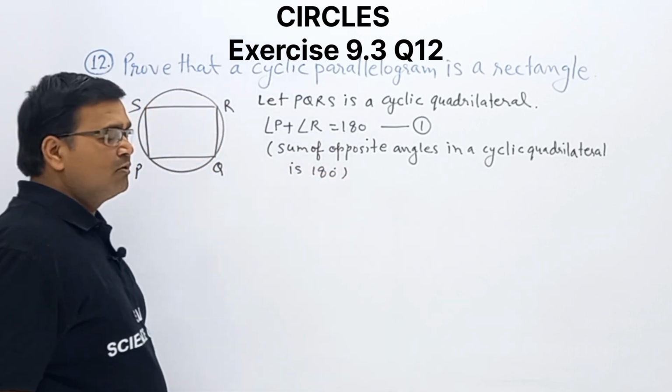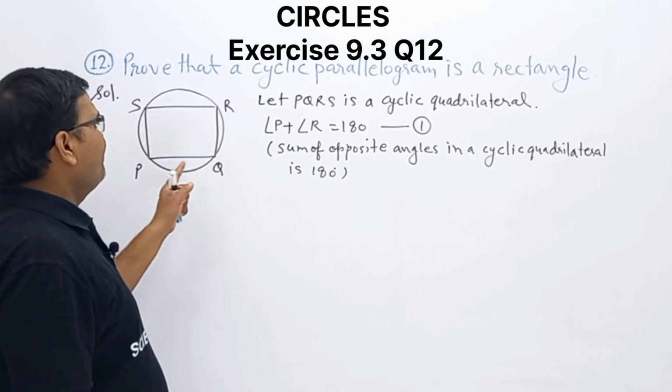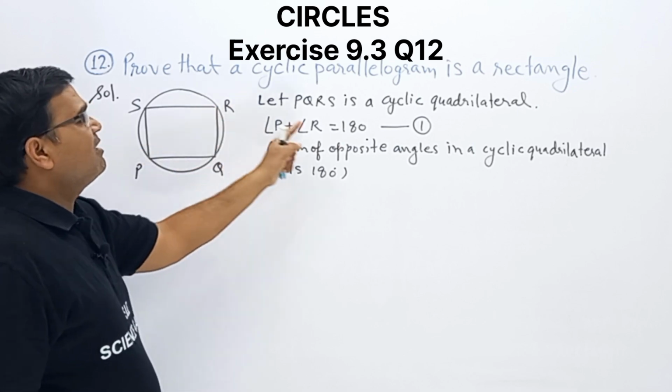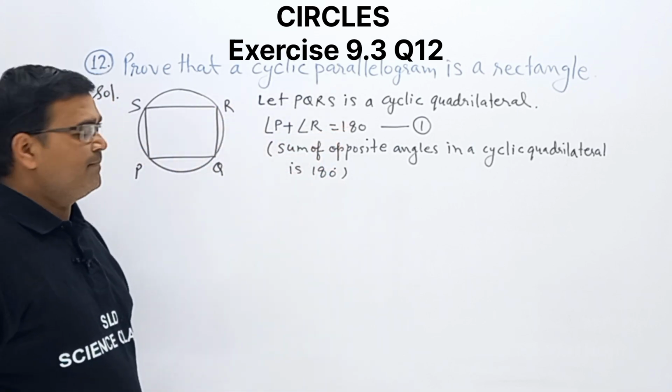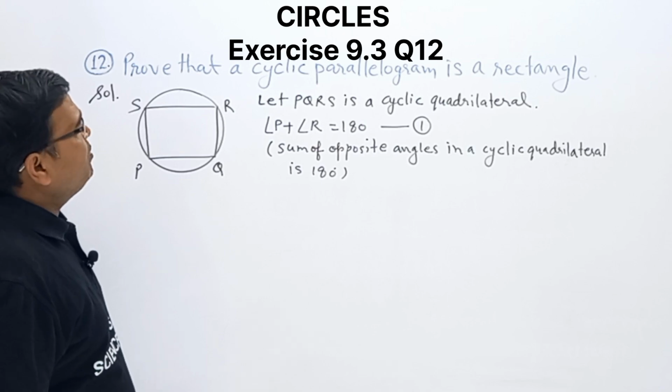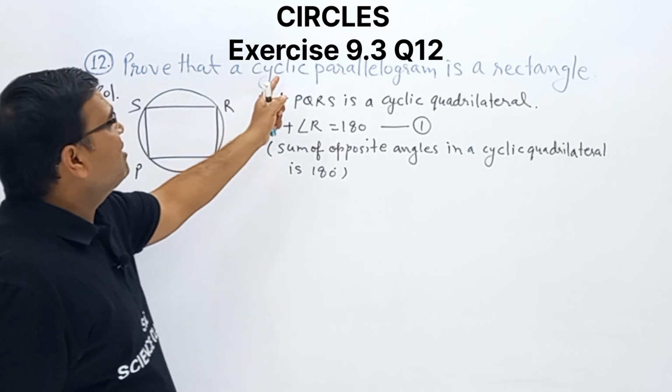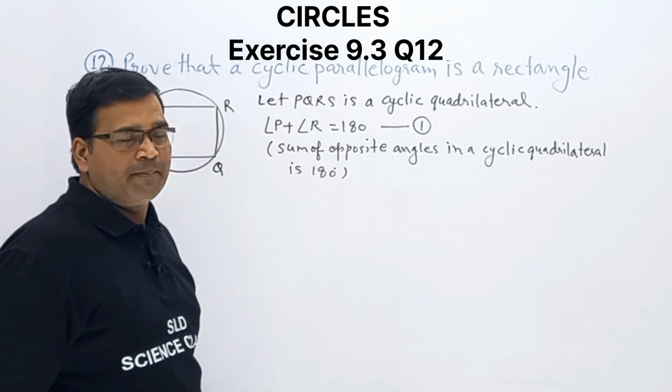From this theorem we can say angle P plus angle R equals 180 degrees.